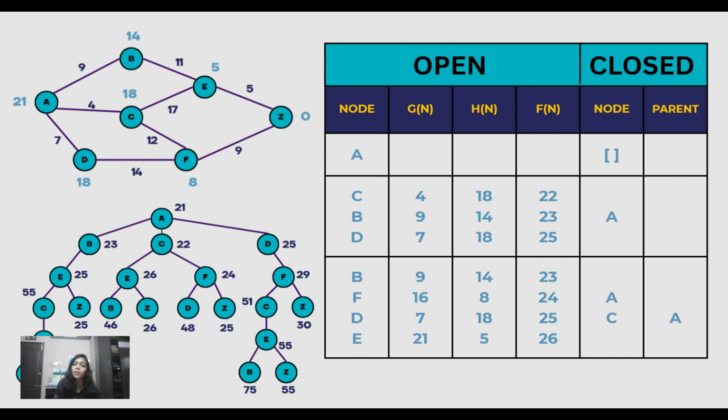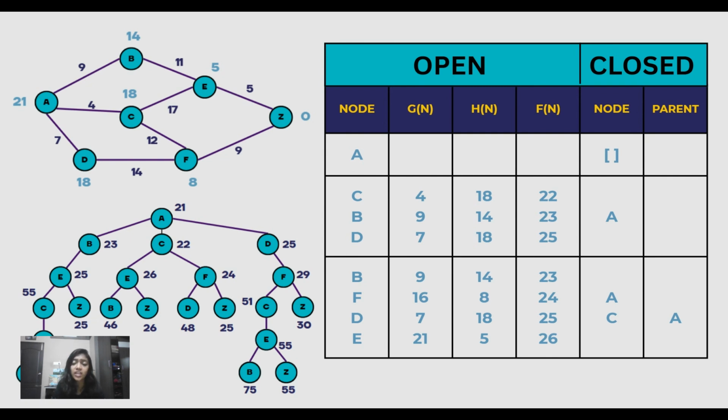The node subcolumn of the open column represents the nodes which we are going to expand. g of n represents the cost function, h of n represents the heuristic function, and f of n is the summation of g of n and h of n. In the closed column, there are two subcolumns, node and parent. The node subcolumn stores the nodes which have been expanded, and the parent subcolumn stores the nodes which are the parent of the expanded nodes.